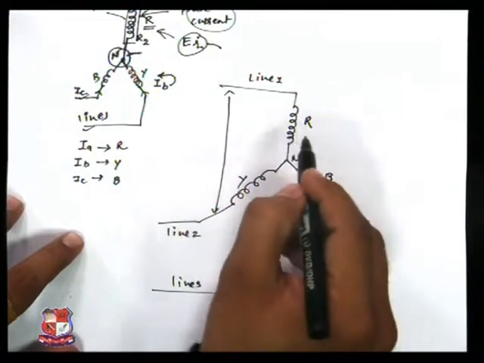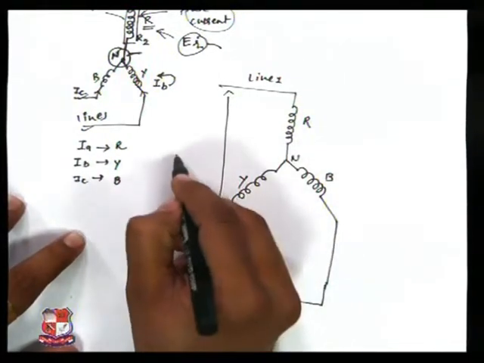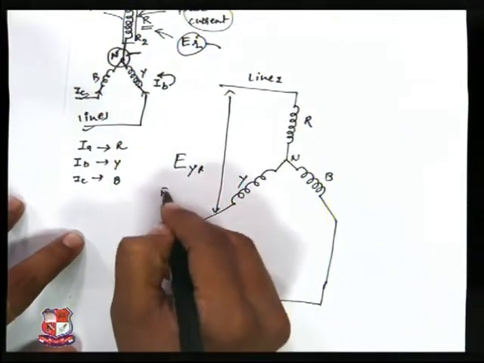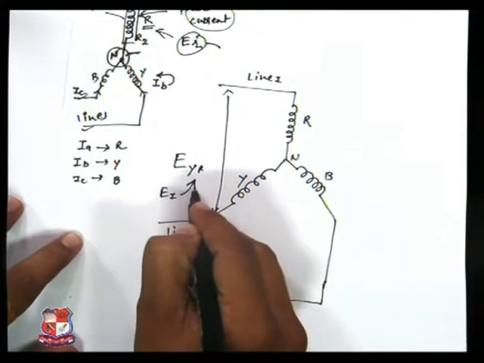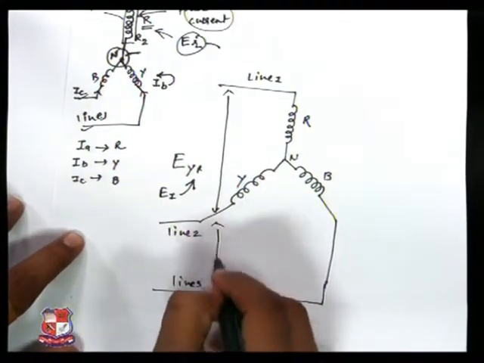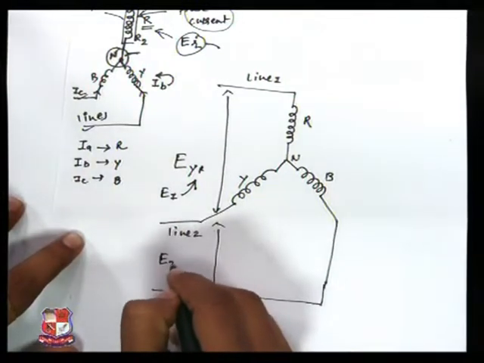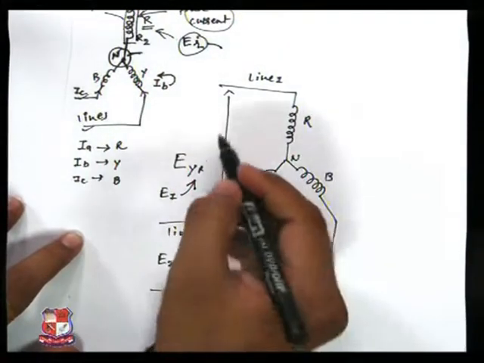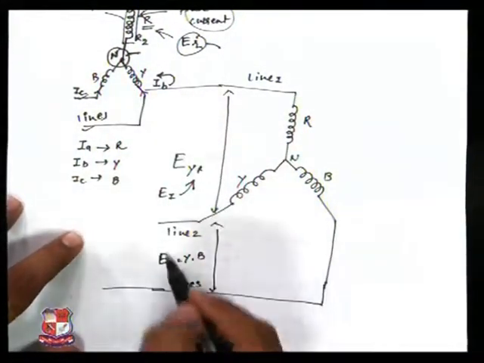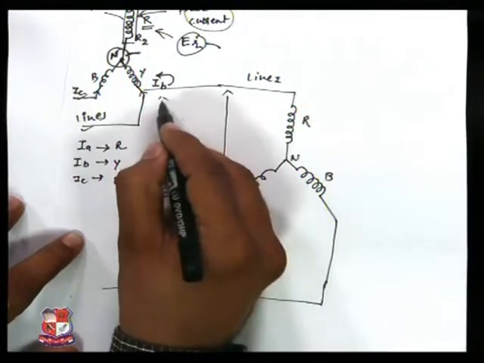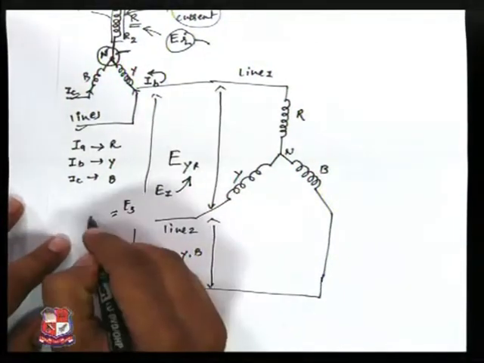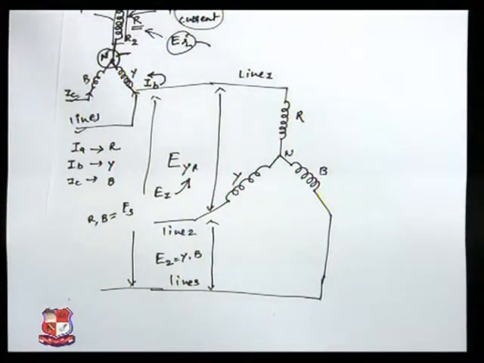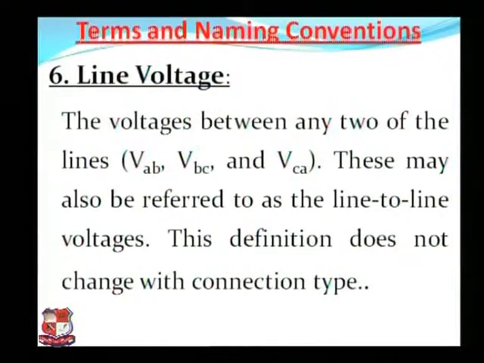So we can find the voltage between R and Y, known as ERY. E1 is the line voltage between the Y phase and the R phase. Same for lines 2 and 3: E2 is between the Y phase and the B phase, and the third one, E3, is between R and B. These are the voltages known as the line voltages between two lines.